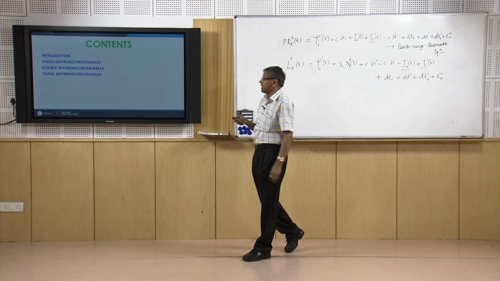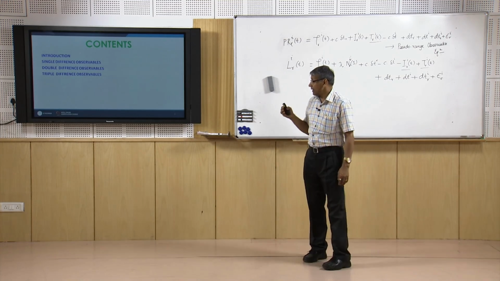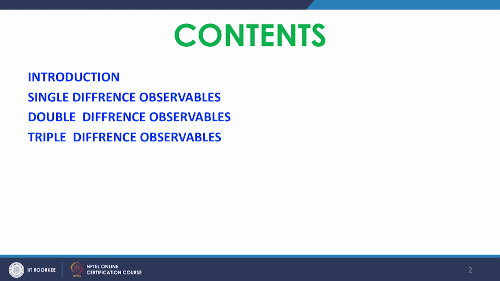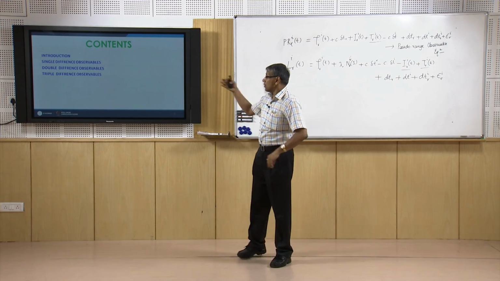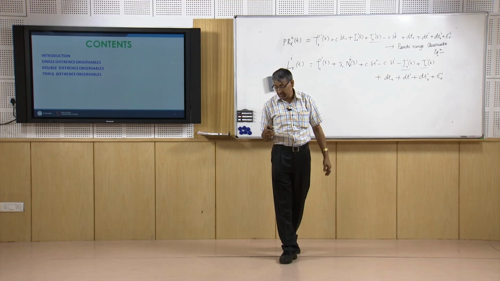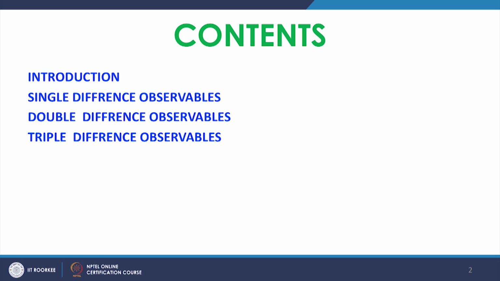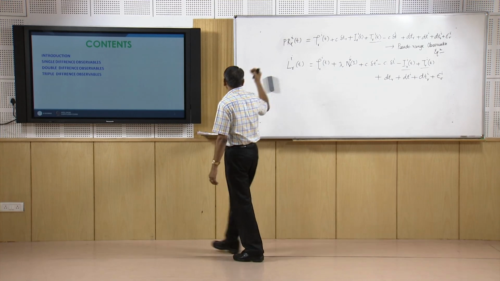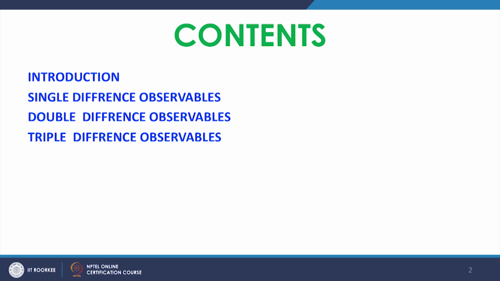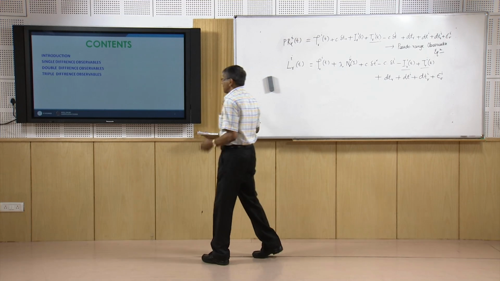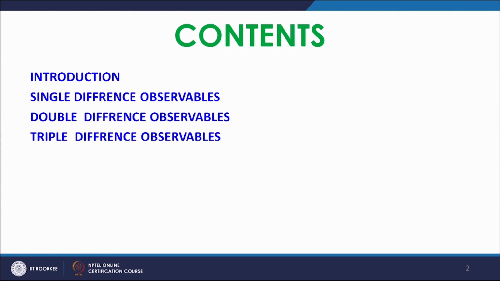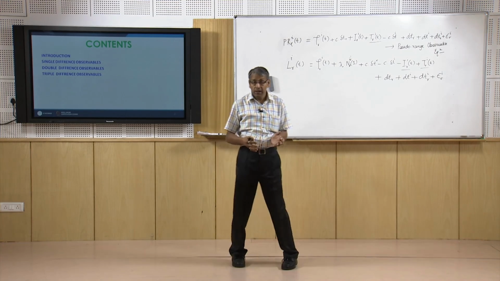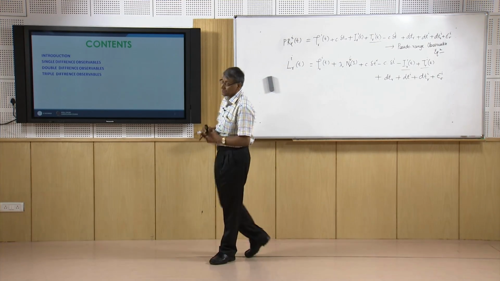Today's class will contain these three topics: single difference observables, double difference observables, and triple difference observables. That means from these undifferenced observables we will go to a new type of observable, called the single difference observable. By taking the difference of the single difference observables we get the double difference observables, and the triple difference observables are the difference of double difference observables.